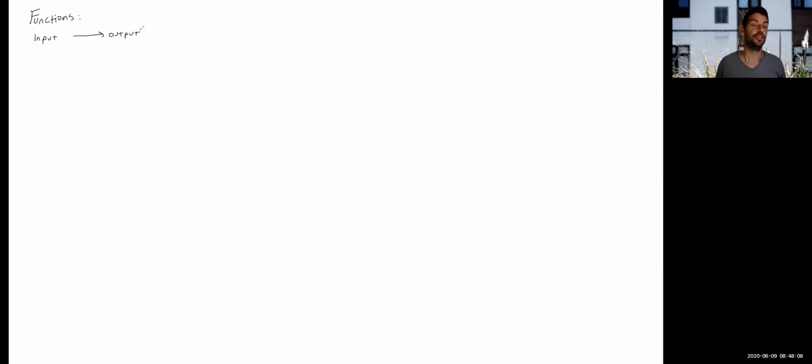You have some characteristic or idea that you think of as your input, and depending on what the input is, you get an output. A function could be something like each of you inputs your name and I output your grade in this class. That would be a function.